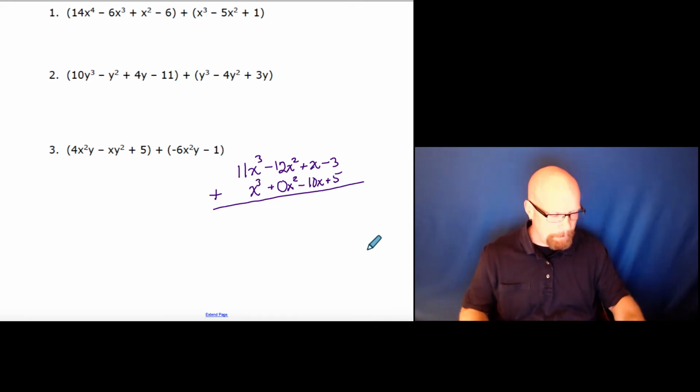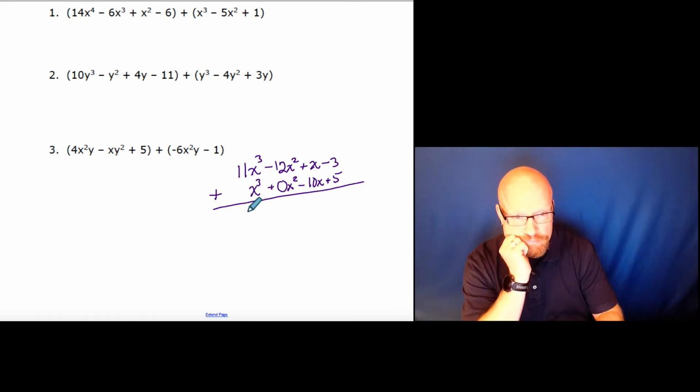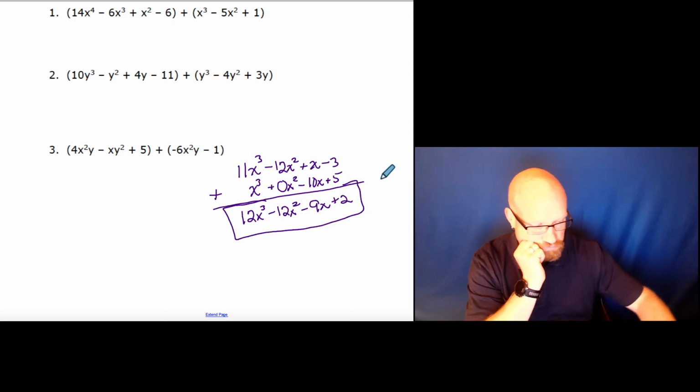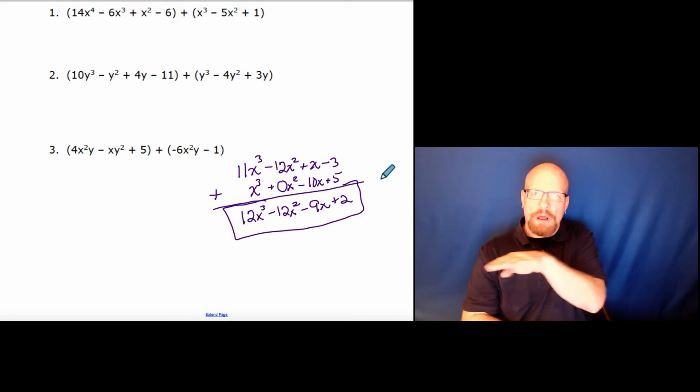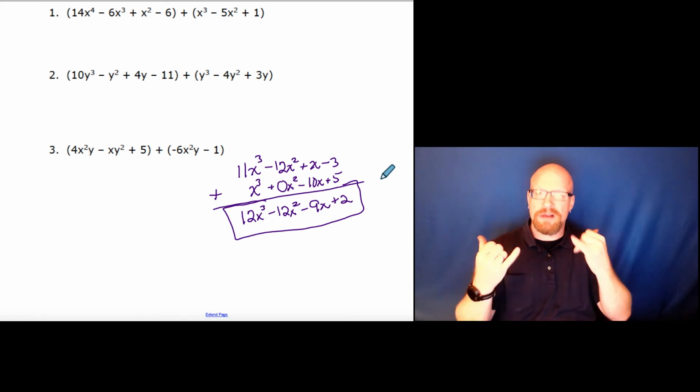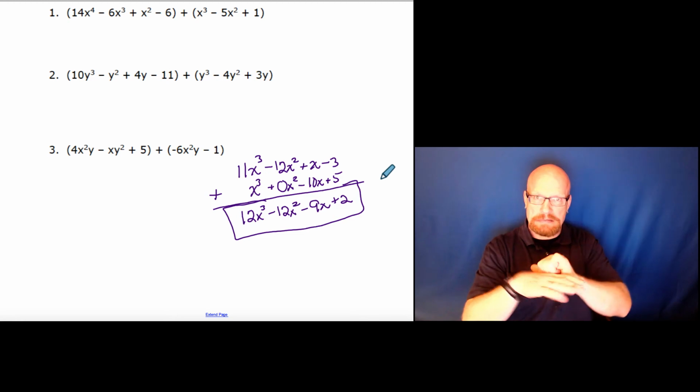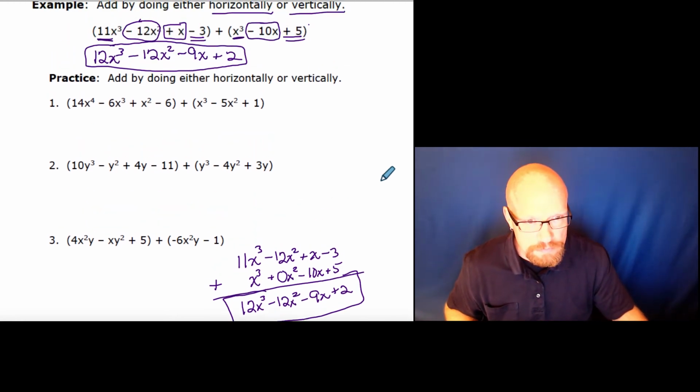It's already done. Now, some prefer vertically, some prefer horizontally. It's up to you. Now you can work on these next three practice problems on your own.